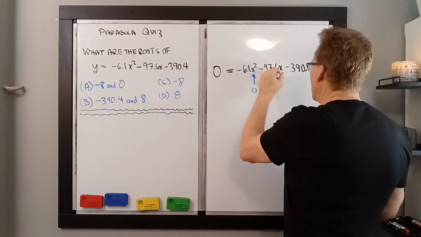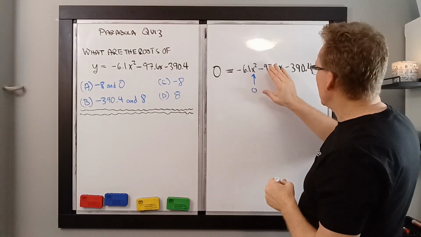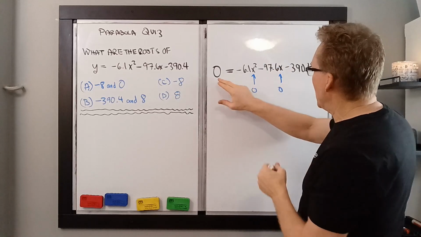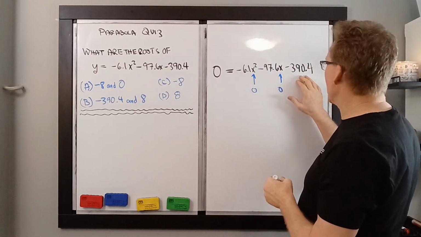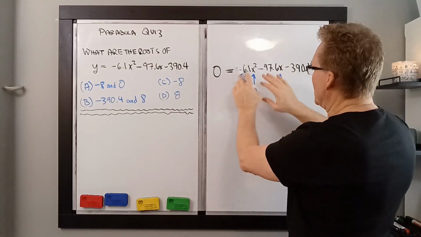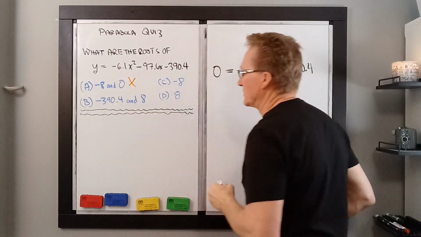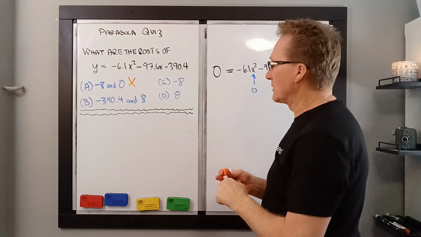Plug in a 0 for that, plug in a 0 for that. In that case, this term becomes 0, this term becomes 0. But do we have 0? Does that equal minus 390.4? It does not. This whole side would have to be 0 for this to be true. So in other words, this is not one of your solutions. That's nice. We got rid of one of them.